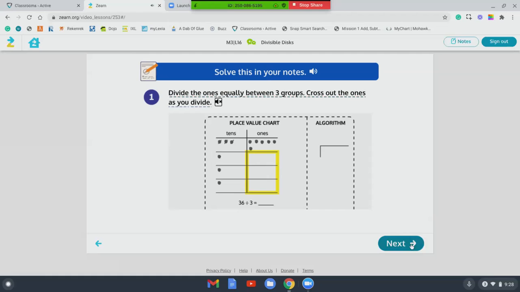Divide the ones equally between three groups. Cross out the ones as you divide. Okay, so they show that there are 3 groups of 2. Are there any leftovers? No, they are all crossed out.